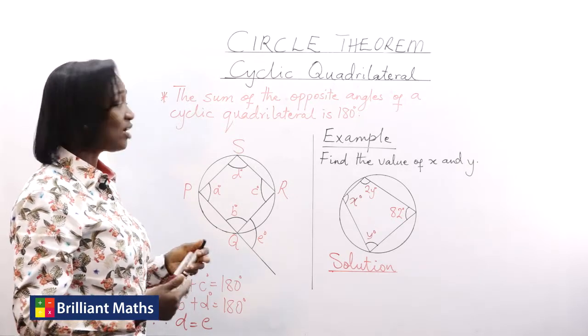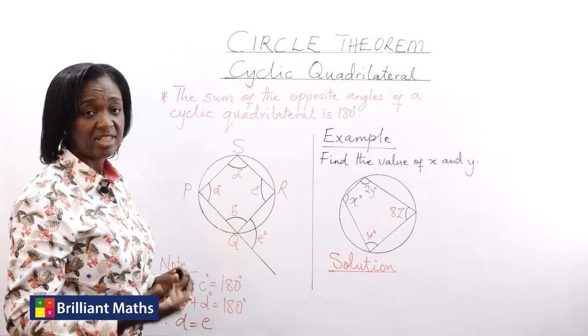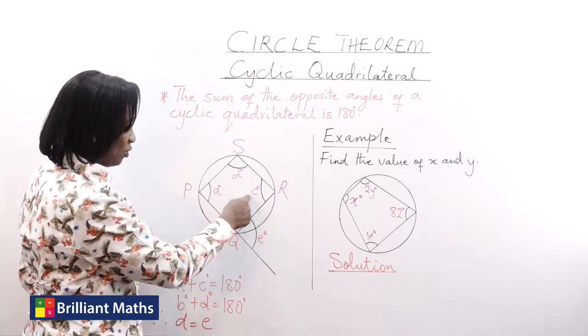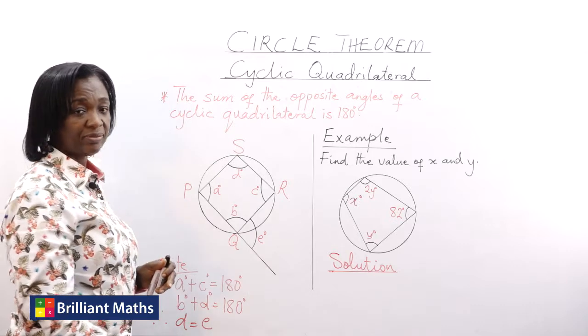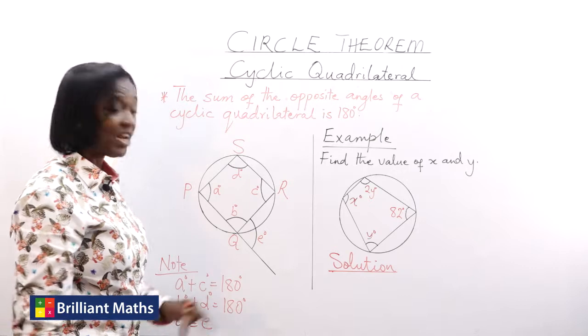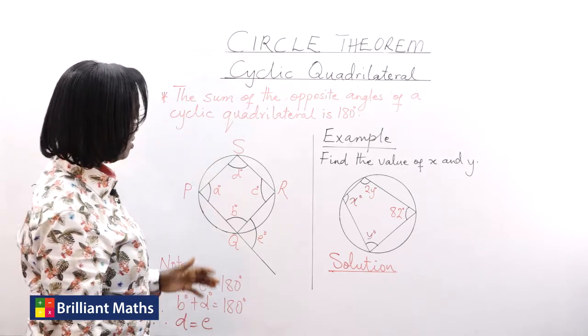The opposite angles add up to 180 degrees. That means that A plus C will give us 180 degrees, and B plus D will give us 180 degrees.